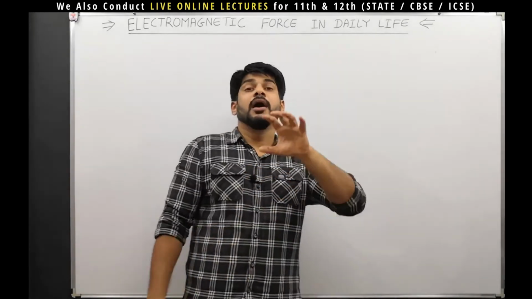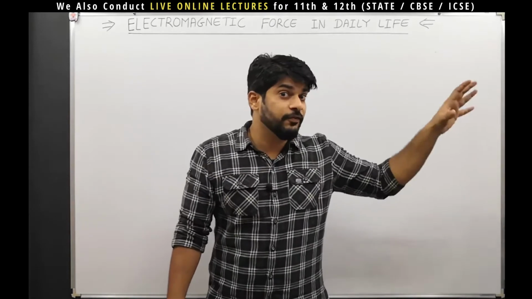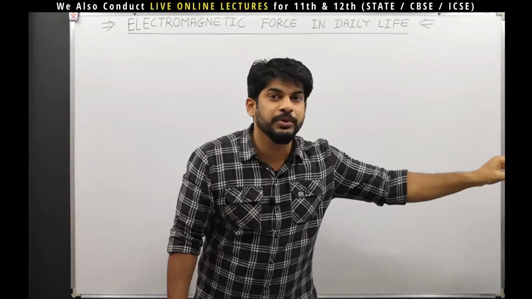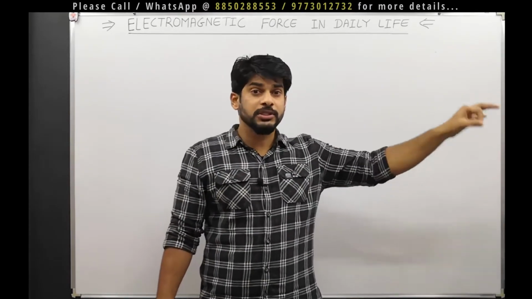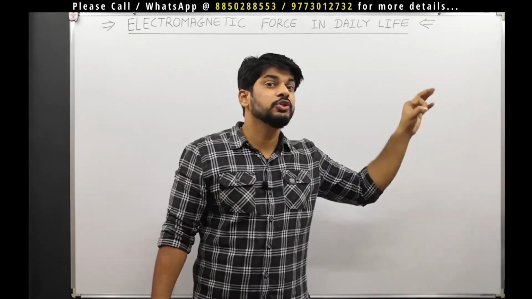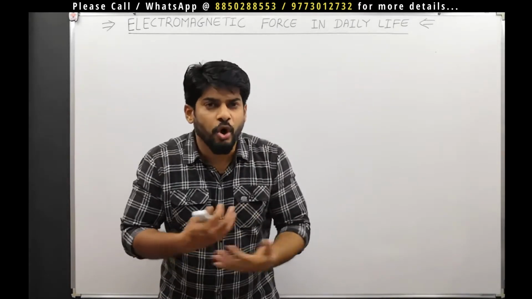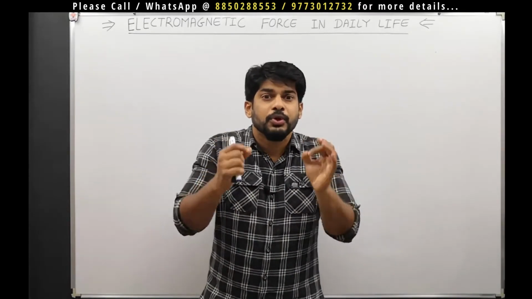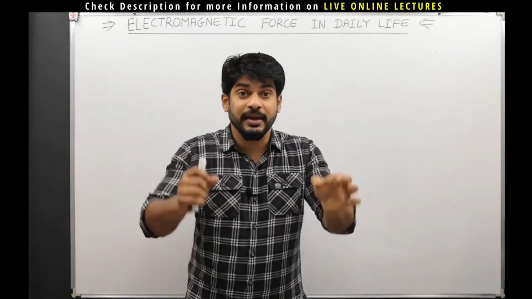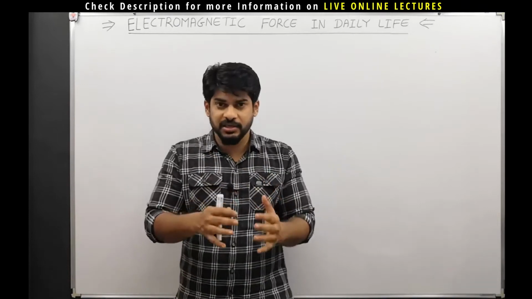So we can see that at the microscopic level, electromagnetic forces are dominant. All these microscopic phenomena, at the atomic level and the nuclear level, are almost all because of electromagnetic forces only.